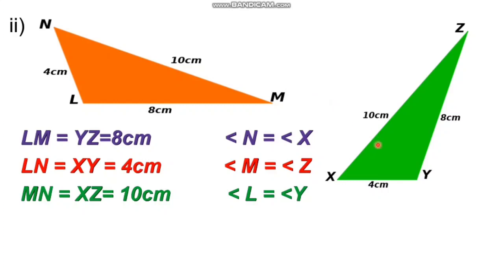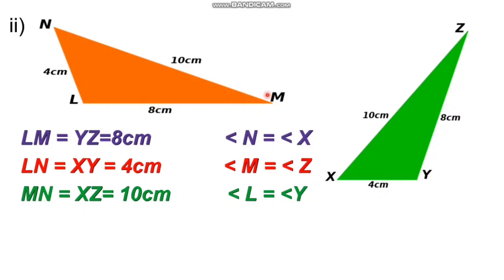Corresponding side here in XYZ, XY is 4 centimeter. So we can write LN is equal to XY is equal to 4 centimeter. Now third, MN. MN is equal to 10 centimeter. XZ is equal to 10 centimeter. So we can write MN equals XZ equals 10 centimeter.